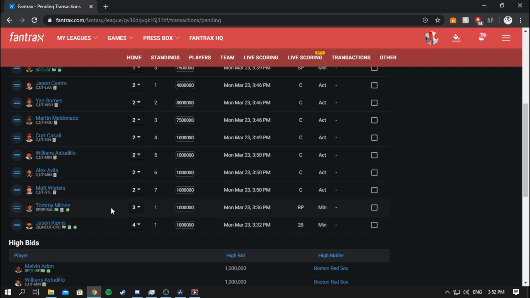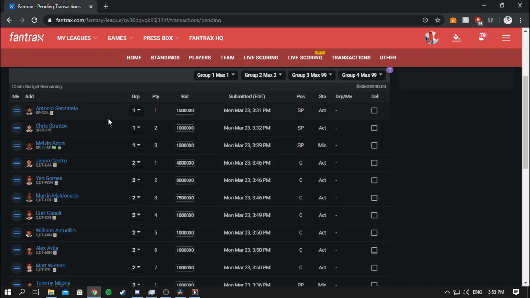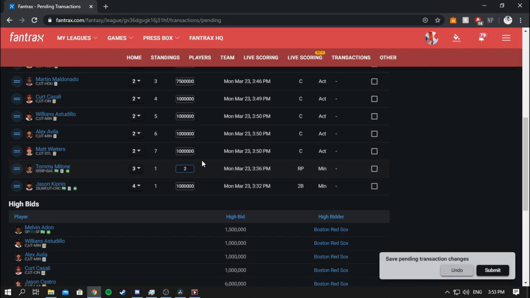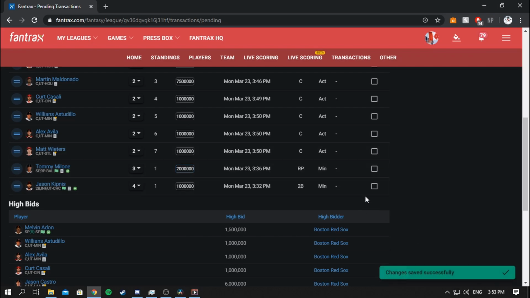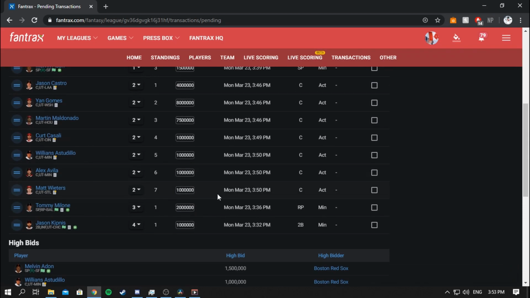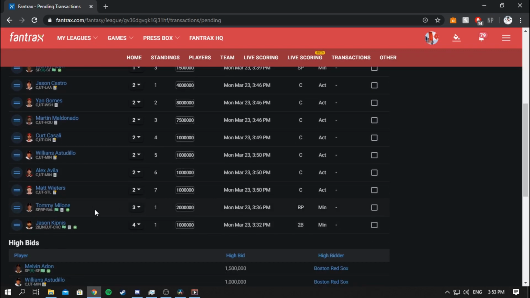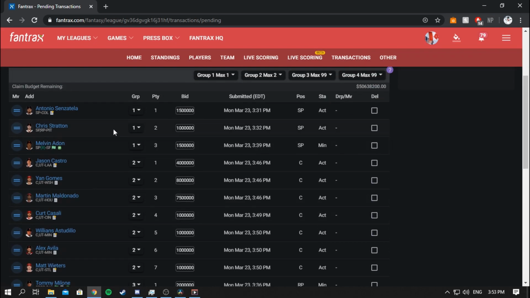Like if other people have a bid in on Tommy Milone, it doesn't care that you have something up here first. If you have Tommy Milone and someone else has a bid, let's say our Tommy Milone was for $2 million. If someone else has a bid for Tommy Milone for $1.5 million, it doesn't care that you have him in group 3 and the other guy has him in group 1.